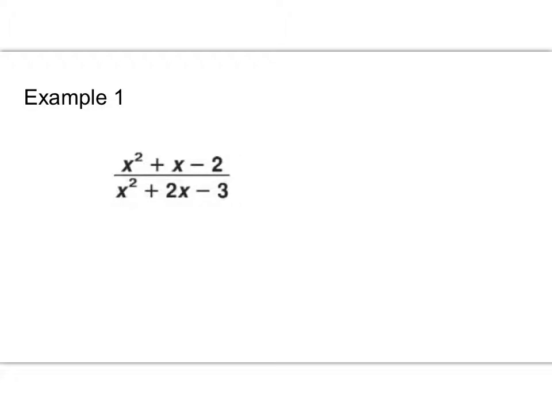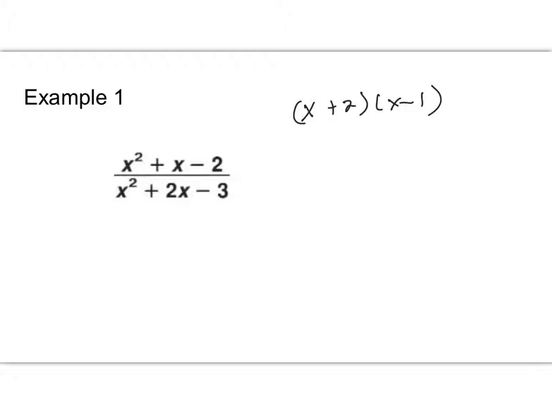So here's my first example. I have x squared plus x minus 2 over x squared plus 2x minus 3. I'm going to look to see if I can tell what would make my function undefined. I can't really tell off the top of my head, so I'm going to factor first, and x squared plus x minus 2 factors into x plus 2 times x minus 1.